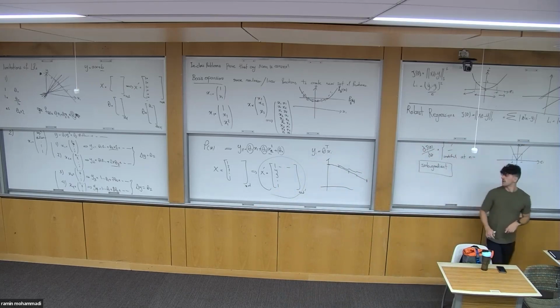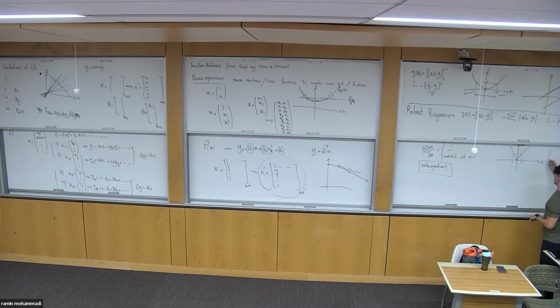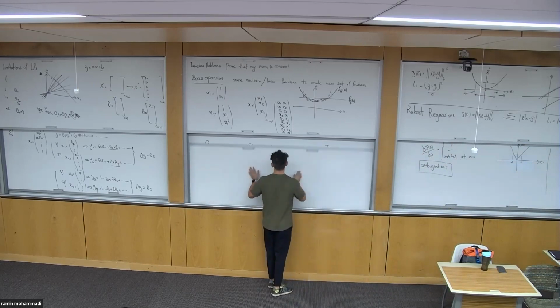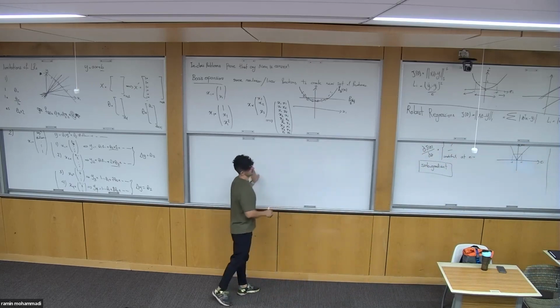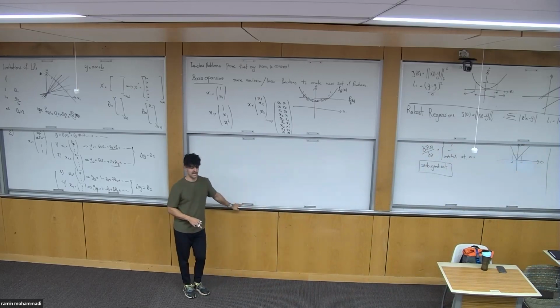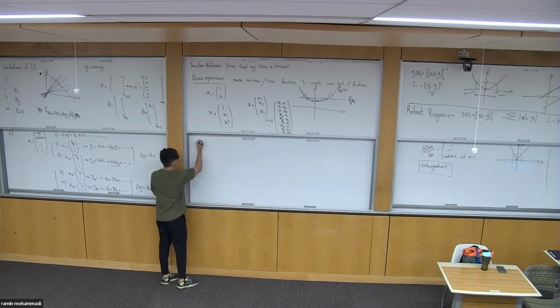Now, the idea here is: how could we come up with another cost function that doesn't have this problem of the derivation at its minimum? And that's where the third one comes in, which we call Huber loss.